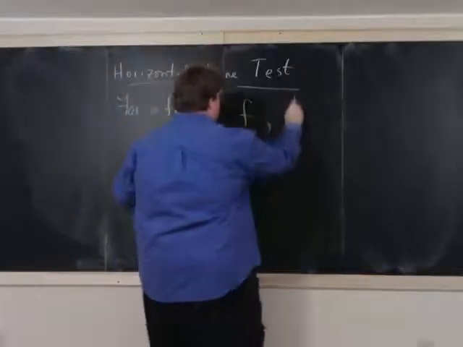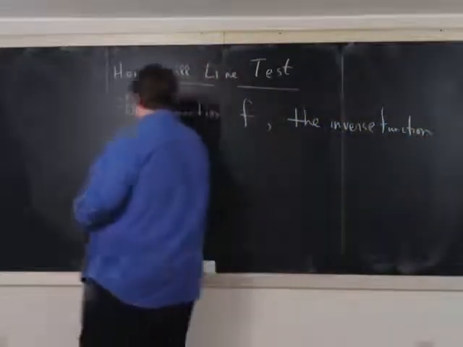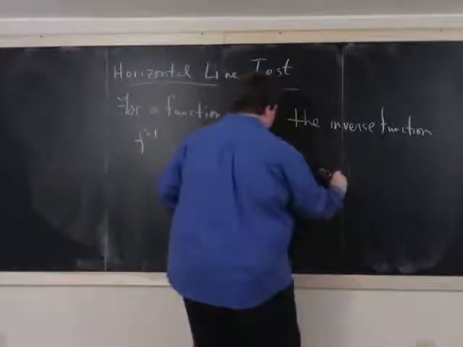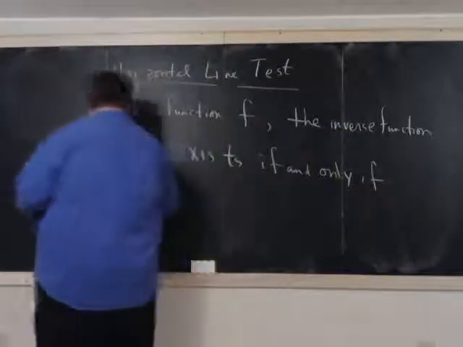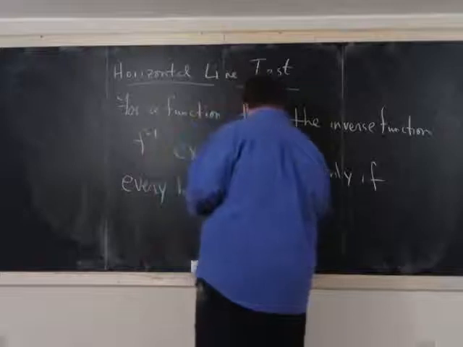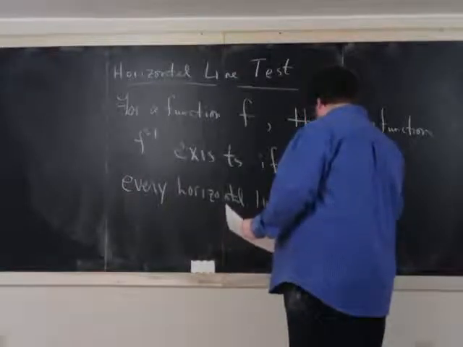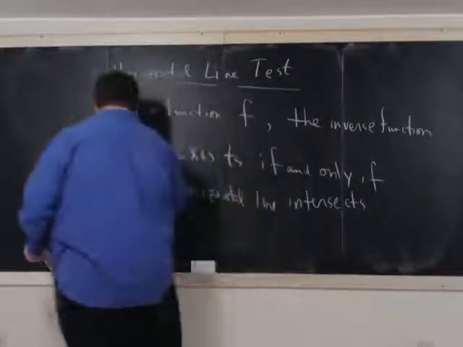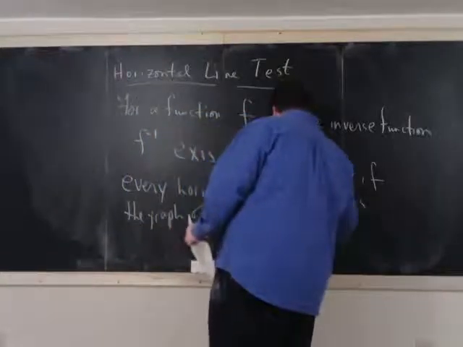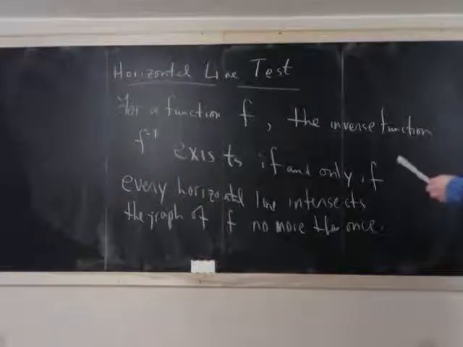For a function f, the inverse function f inverse of x exists if and only if every horizontal line intersects the graph of f no more than once.